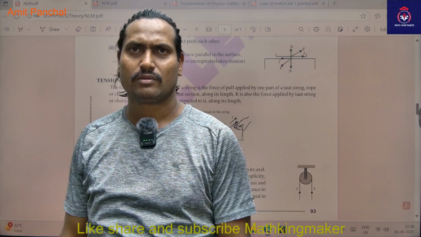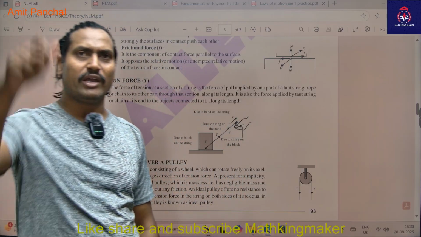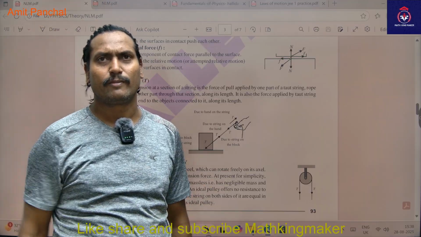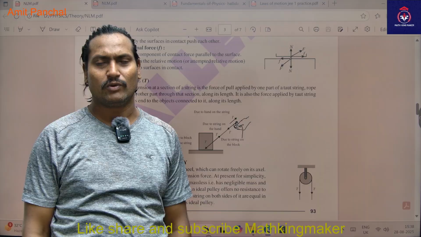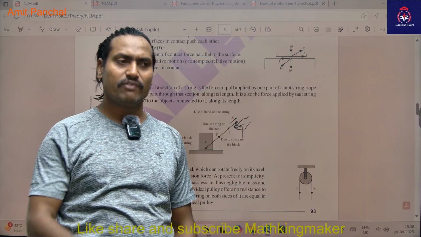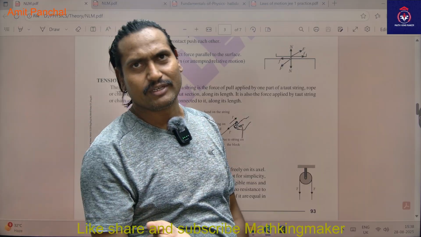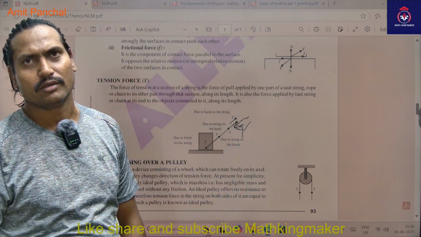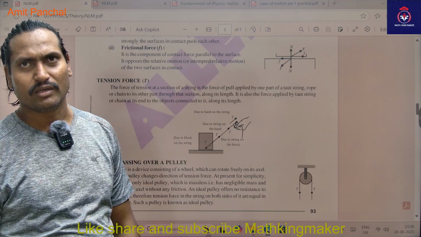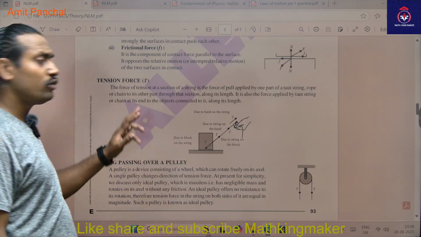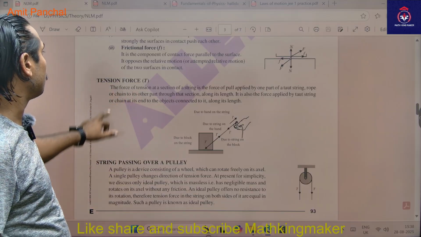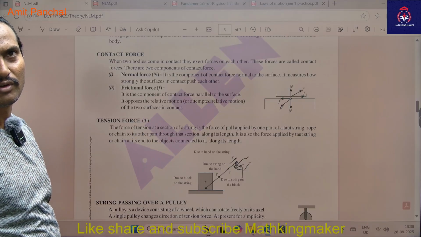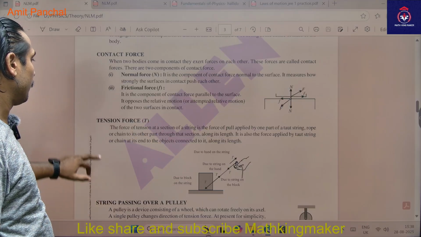Your hand is in contact with the string, but not with the ball. If a body is in contact with the surface, that force is said to be a contact force. There are only two types of contact forces: normal force and frictional force.